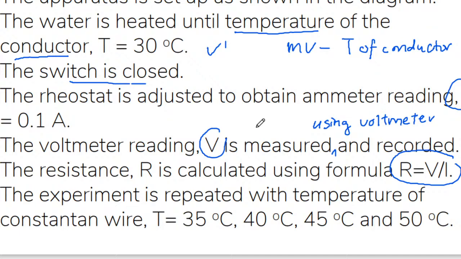Symbol for temperature, in this case we use T. But when you put theta there, are you using theta or T? If you're using theta, constantan wire dipped in the water bath of temperature, that one I think the temperature you have written in that sentence will be referring to the temperature of the water, not the temperature of the constantan wire.